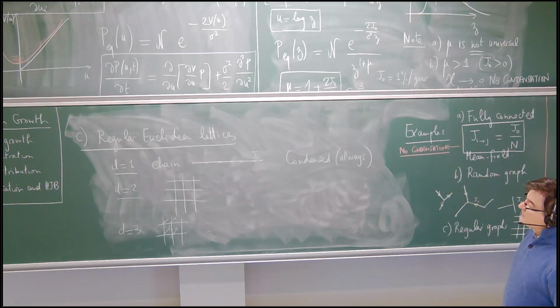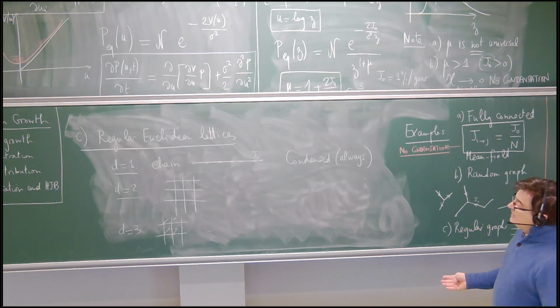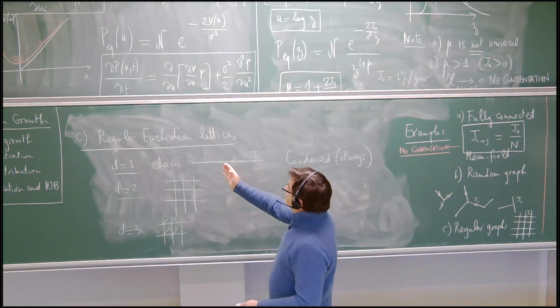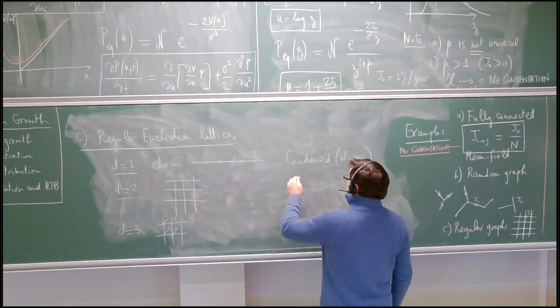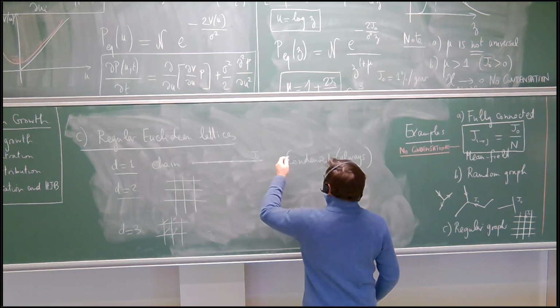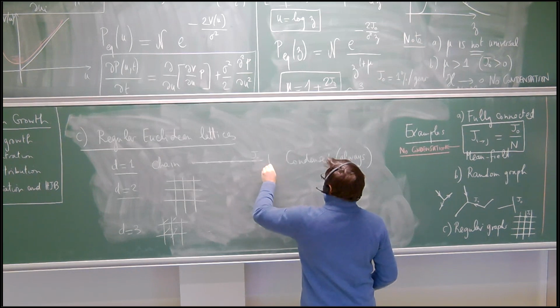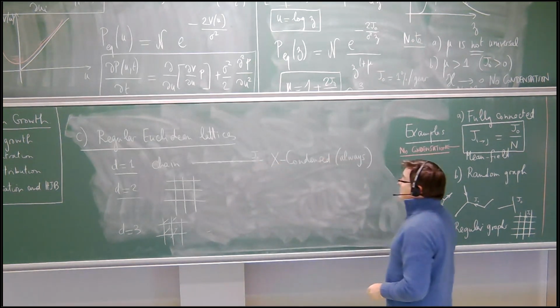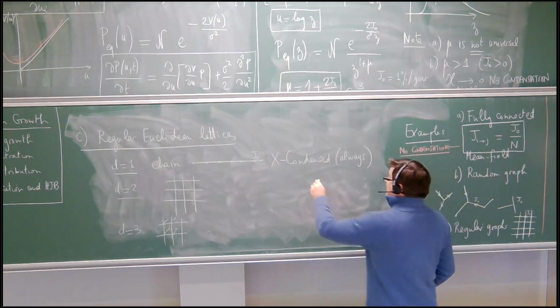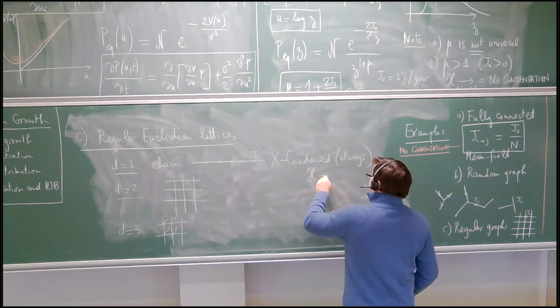And in the case where you have a one-dimensional chain, you'll never get away from condensation. Okay, at long times, you are always going to be condensed, and in fact, it's extreme condensation in that case. So I should call this extreme condensed in the sense that H is equal to 1.